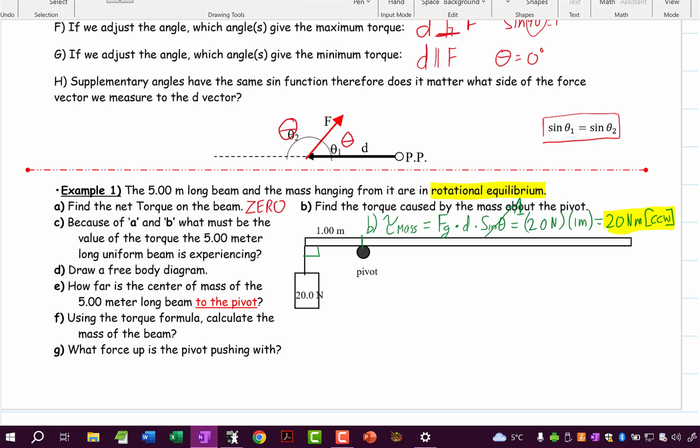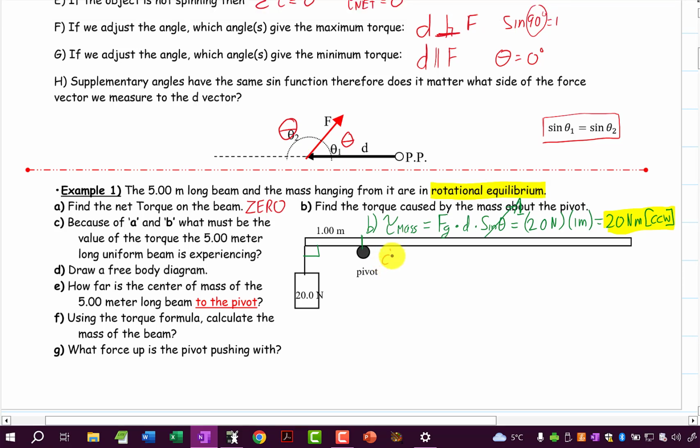Okay, stop me if you don't understand something. Let's do C. Because of A and B, because the net torque is 0 and the torque caused by the mass is 20 Newton meters, what must be the torque caused by the 5 meter long uniform beam?